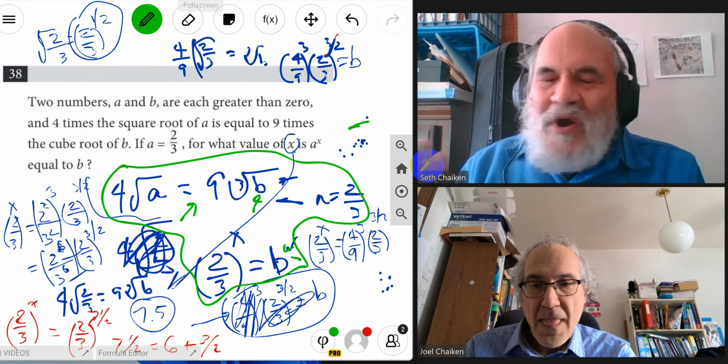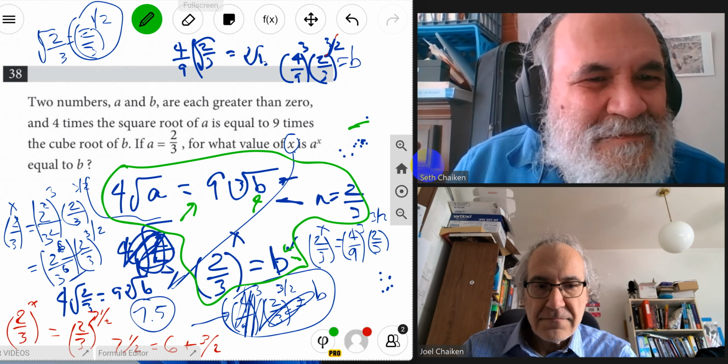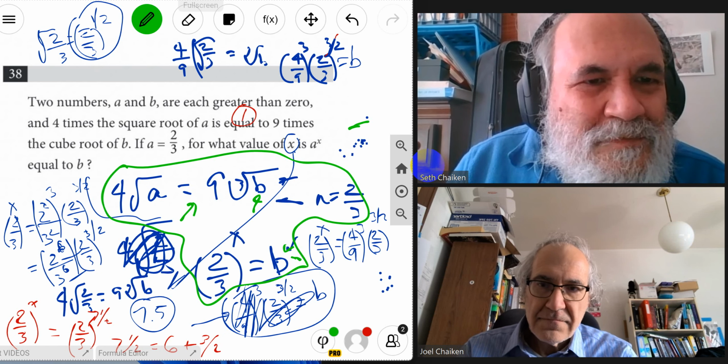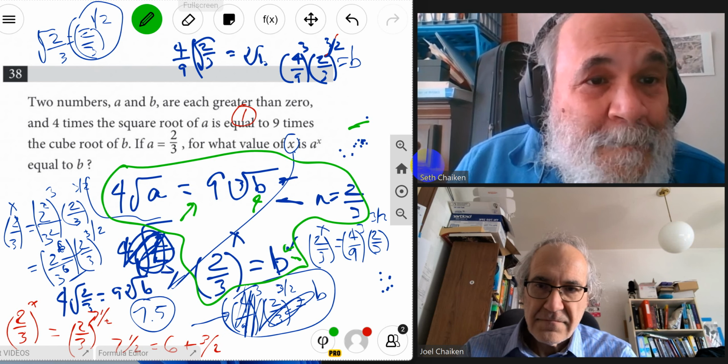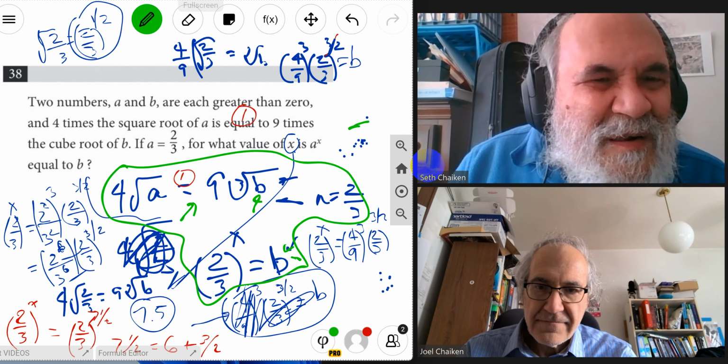So the facts. This is fact 1, which is expressed by equation 1. And let's see, what's fact 2? A is 2/3.